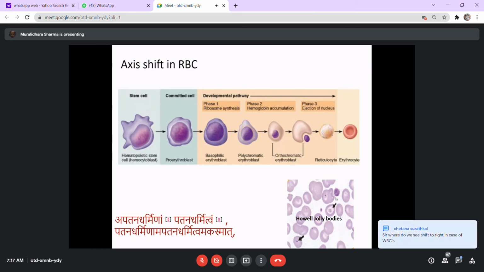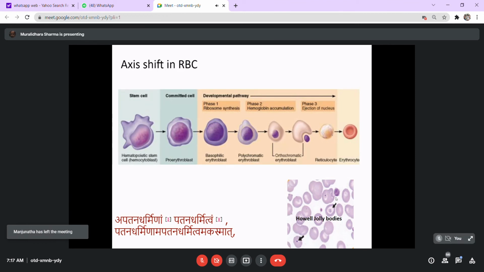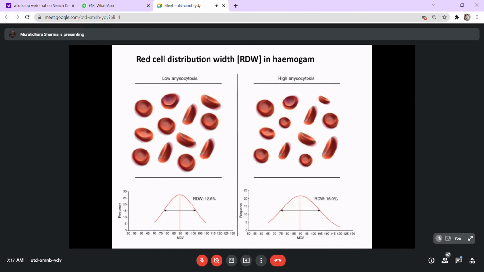Those which are not supposed to die, if they die prematurely, or those which are supposed to live for a longer time and those which are supposed not to die and they die earlier. Those are the features which are observed, and padana dharma and apadana dharma are studied by more sophisticated tools assessing the shapes of the cells, and hence we say it is a shift to the left or the right.